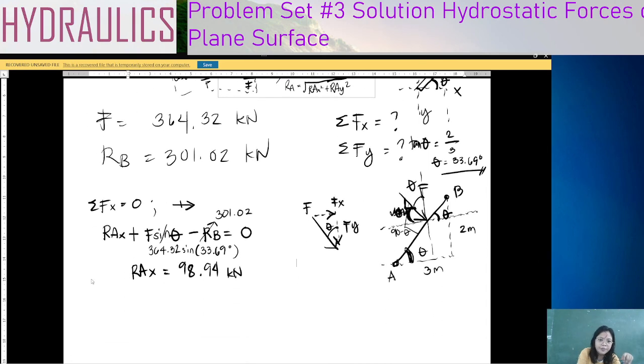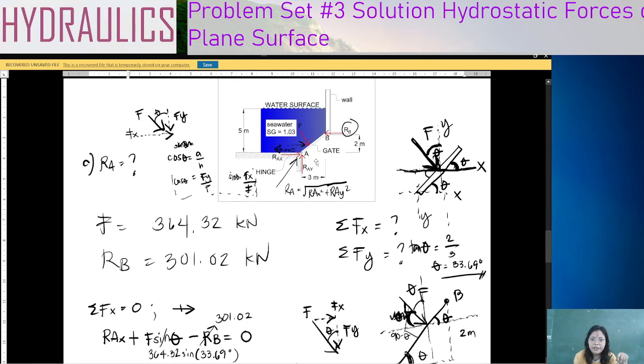So, summation naman ng forces along Y is equal to 0, taking positive as the upward force. So, ibig sabihin, ang meron tayong component ng vertical is from RAY, saka yung vertical component ng F. Si RB naman kasi completely horizontal lang siya, no? Kaya wala na tayo dyang Y, FY.